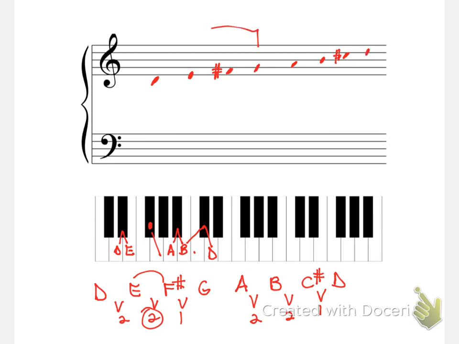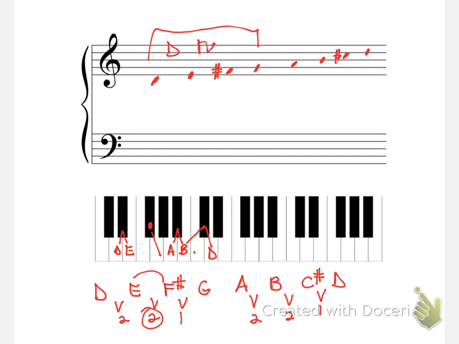So the lower half of my scale is the D major tetrachord, D major. Well, it looks like I'm having a little trouble there writing D major. Let me just write it down here.